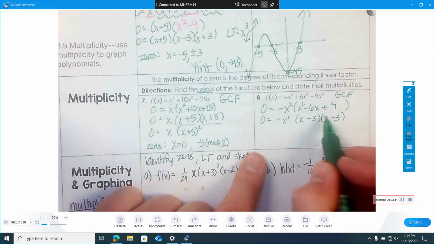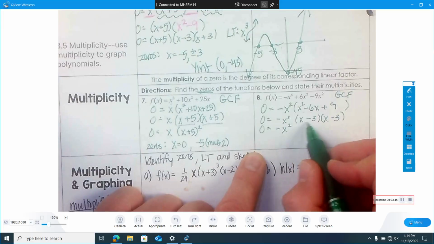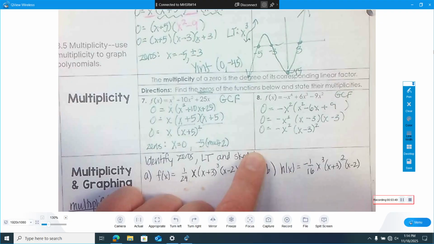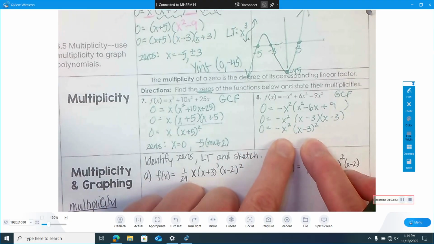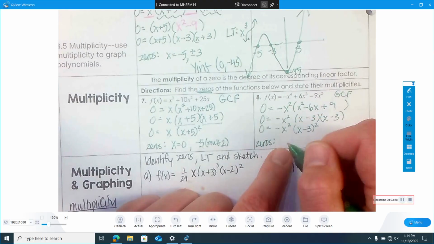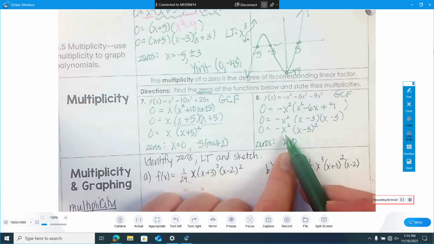And so again, you see here, I can clean this up, condense it, because x minus 3 has been repeated 2 times. So this is its most condensed form here, and my zeros then are x equals 0, and you'll notice it got repeated 2 times.